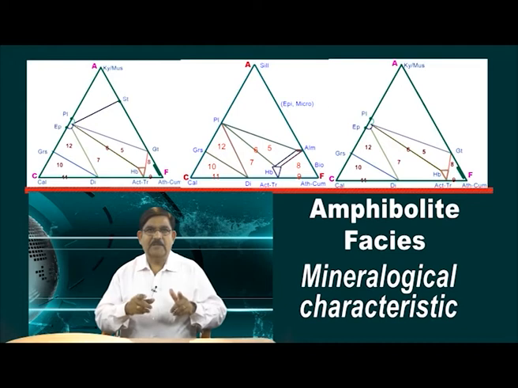Kyanite with potash feldspar appear in the high temperature part of this facies. Anthophyllite, cummingtonite or gedrite occur in magnesian schist and ultramafic composition. In calcareous rocks, the pairs diopside, epidote, grossularite and diopside, calcite, grossularite are characteristic.